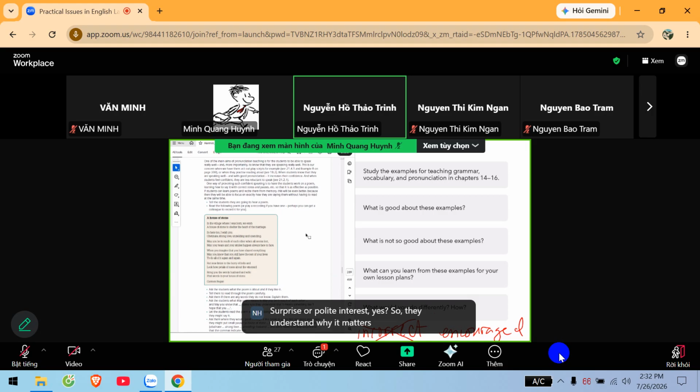We can train students' ears to notice movement so they can recognize it in real conversation. The next one, we can use basic arrows or turn lines to mark the words, so students aren't distracted by complex symbols.